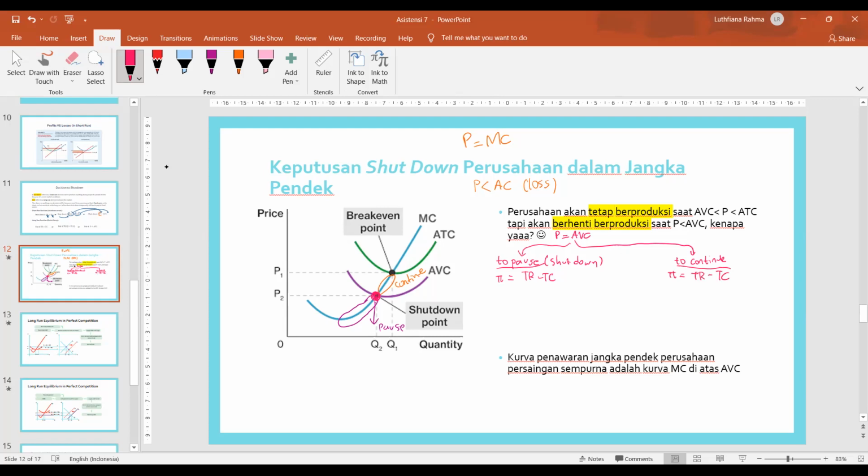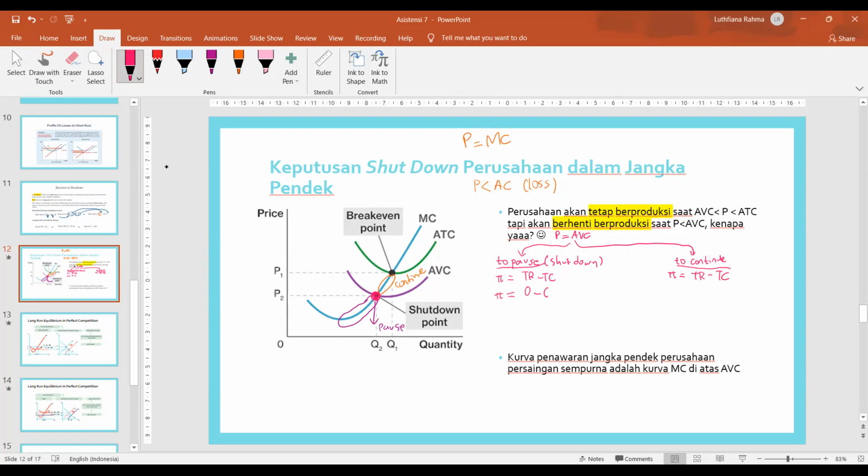If the producer chooses to shut down the production, then the total revenue will become zero, because they don't produce, so they don't sell. So they don't have revenue. So the total revenue will be 0.